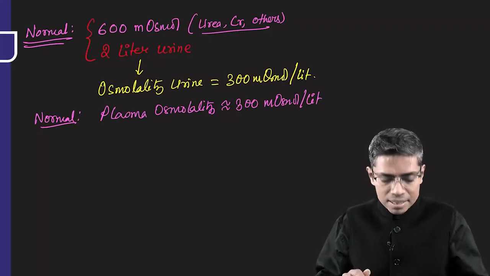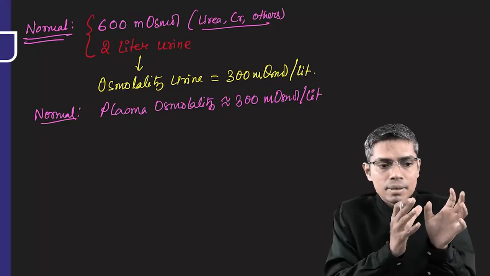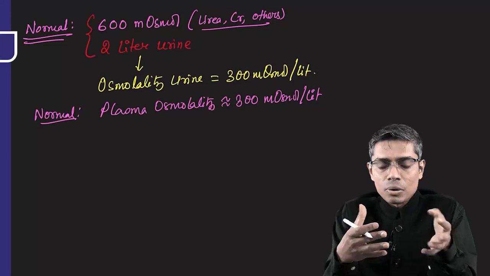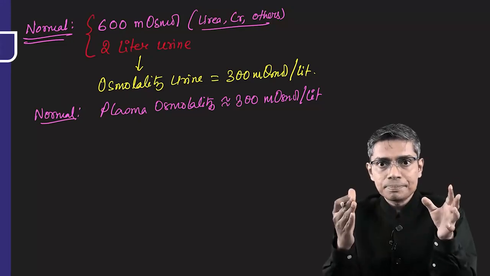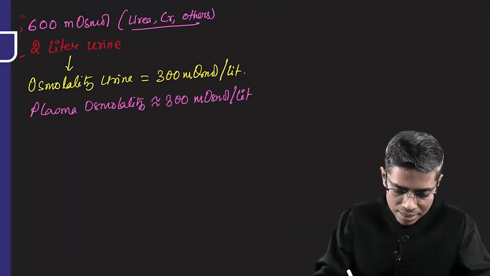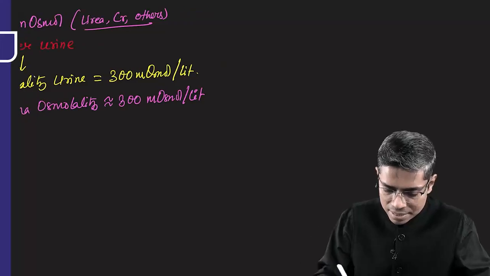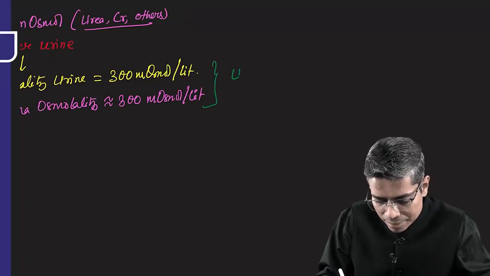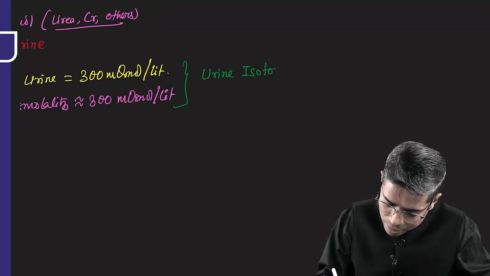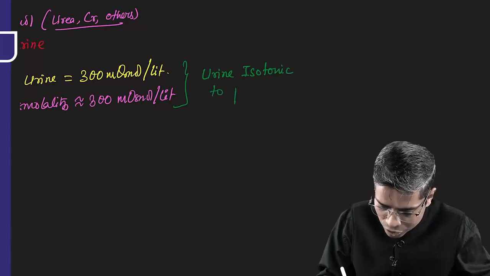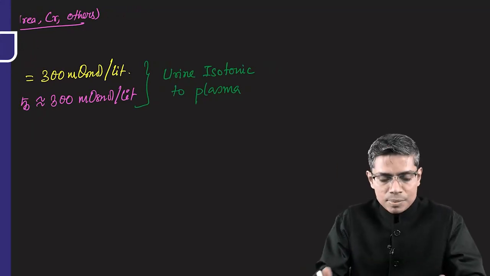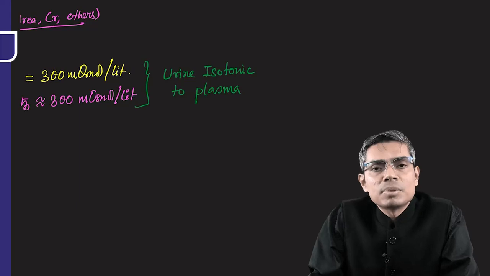So in these cases, for excretion of 600 milliosmoles of solute from the body, whenever you are excreting 2 liters of urine, the urine is isotonic to plasma. So whenever urine is isotonic to plasma, urine osmolality is the same as that of the plasma.